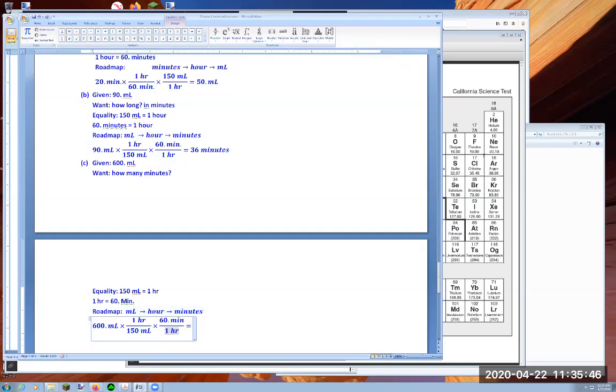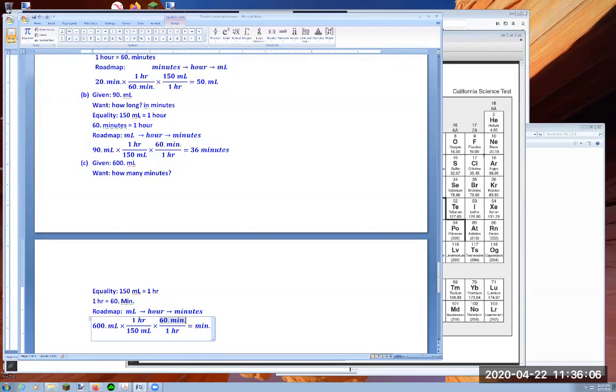So we have hour in the numerator, hour in the denominator. This way, milliliters cancel, hours cancel, and you're left with minutes. So your answer will be in minutes, and that's what you want. That shows that your setup is correct.